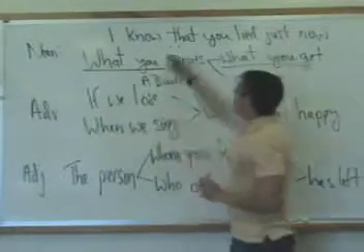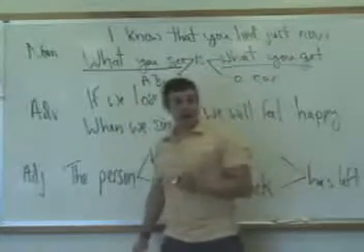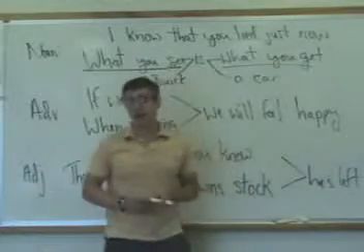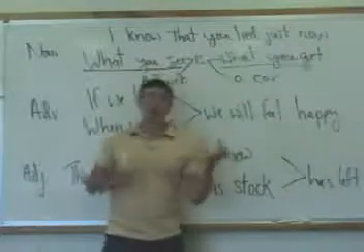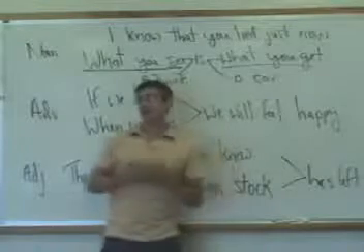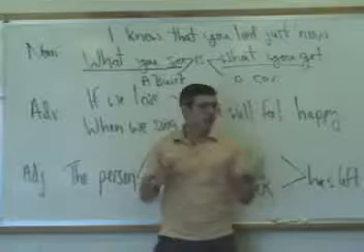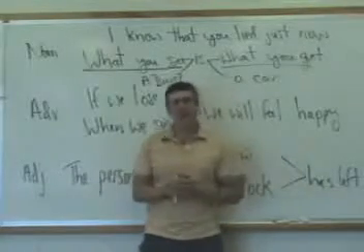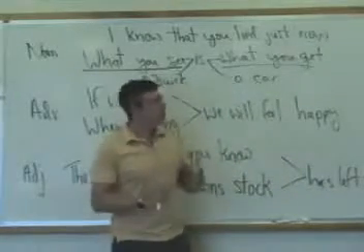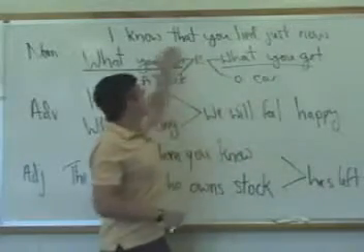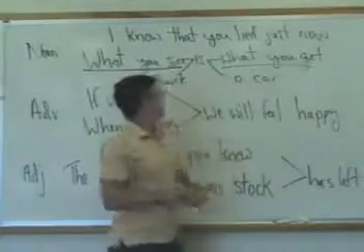Another example, I know that you lied just now. So consider a substitute sentence. I know a secret. A secret, that's a noun phrase. Secret is a noun. I know, and here it's not a secret, but it's I know that you lied just now.